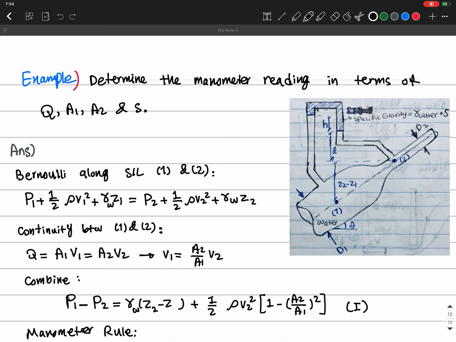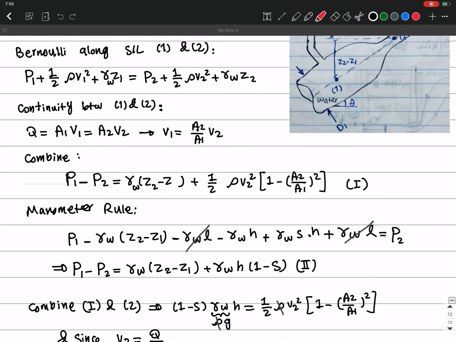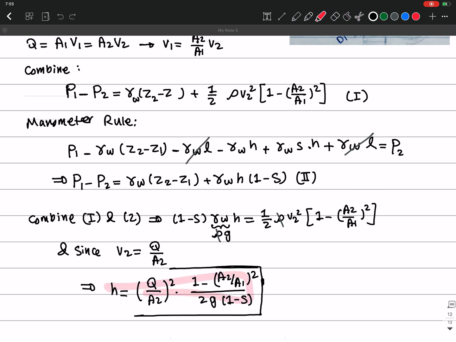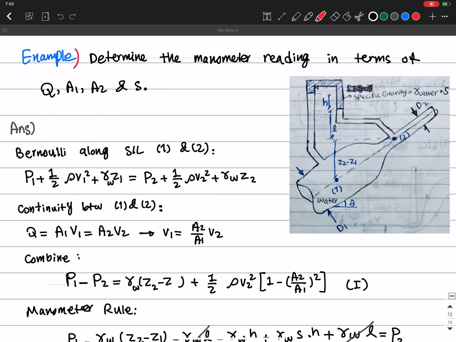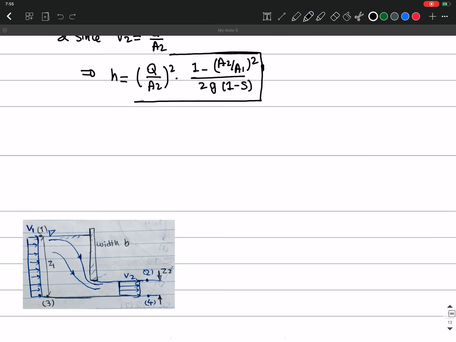So you will have 3 equations, and then you combine these 3 equations together: Bernoulli, continuity, and manometer rule. You will combine these 3 together to get the final thing that the question wants, either the manometer reading or other parameters that are to be solved. Okay.